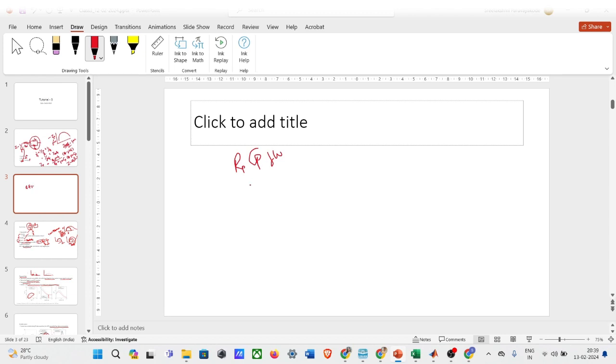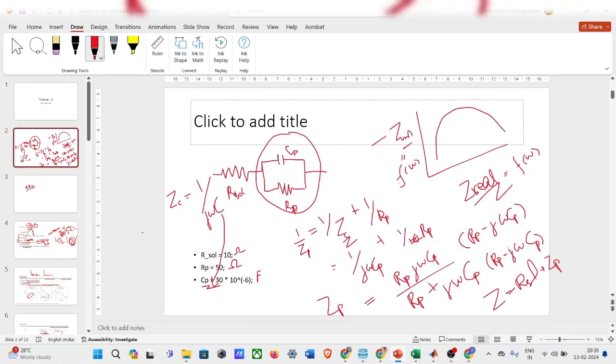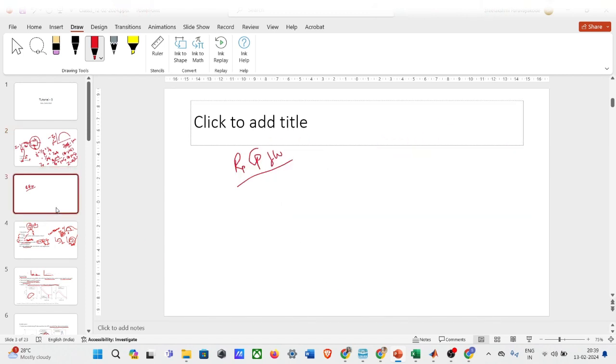RP CP j omega by RP square plus omega square Cp square.